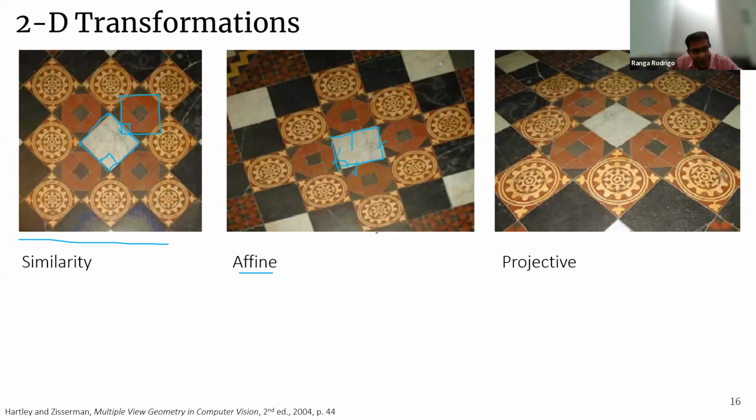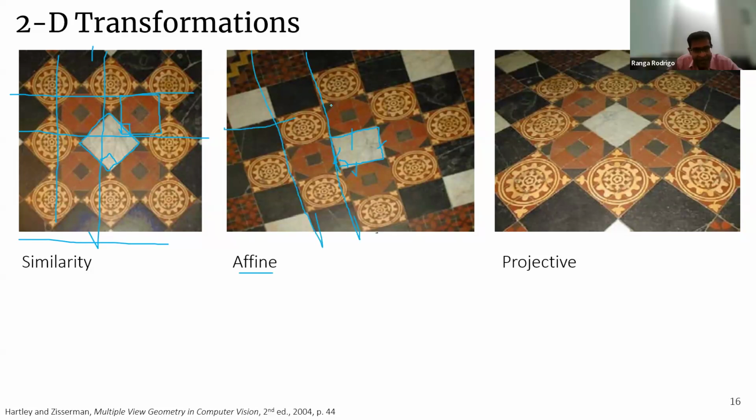The parallel lines that used to be, for example, this line parallel to this line, and this line parallel to this line, are still parallel.